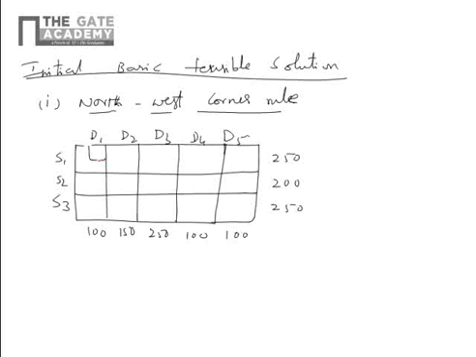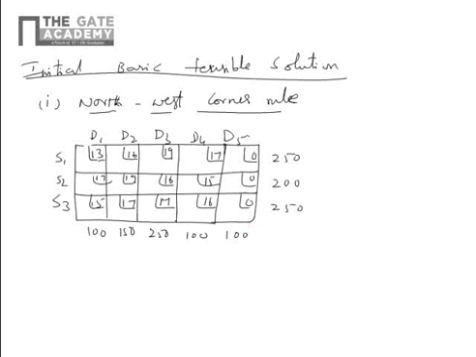The costs we show in brackets: 13, 16, 19, 17, 0, 0, 0, 15, 16, 17, 17, 15, 17, 19, 16. After writing all the values, start with the northwest corner rule.